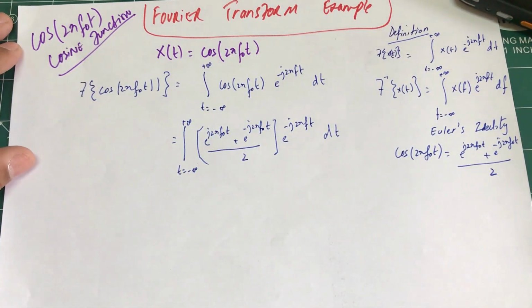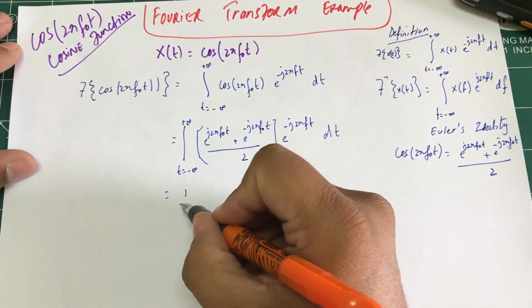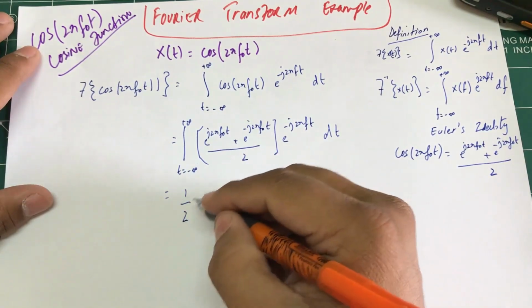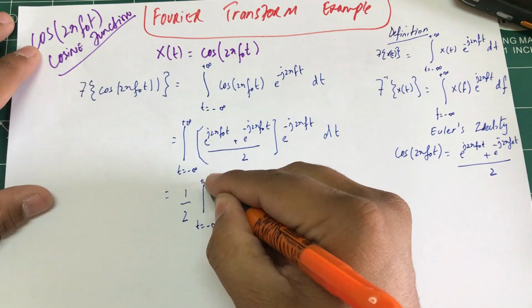All right, so I'm just going to write it in terms of two different integrals. So this is going to be 1/2, the integral as t goes from negative infinity to positive infinity.